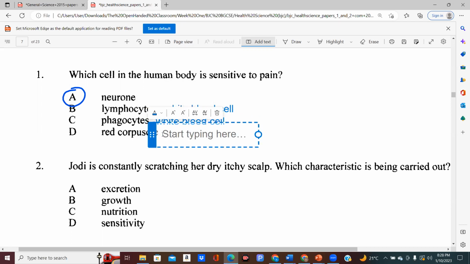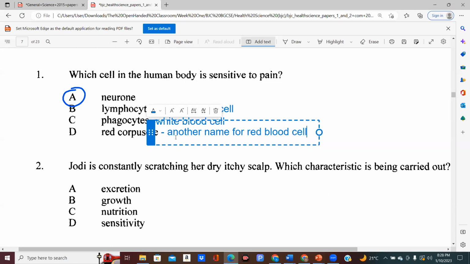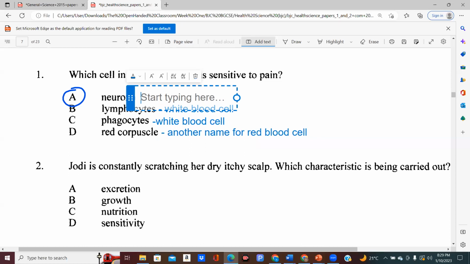Red corpuscle is what? Anyone know what red corpuscle is? No, sir. Okay, it's another name for red blood cell. Red blood cell is responsible for sending oxygen throughout the body. And then neuron is going to be part of the nervous system.